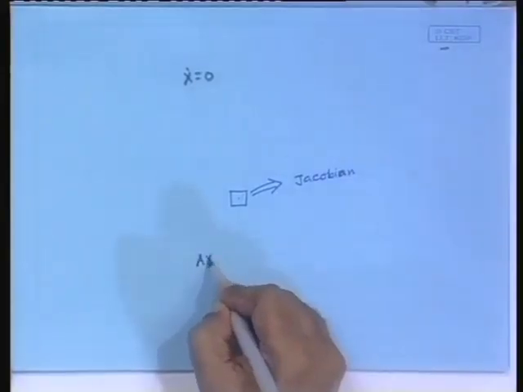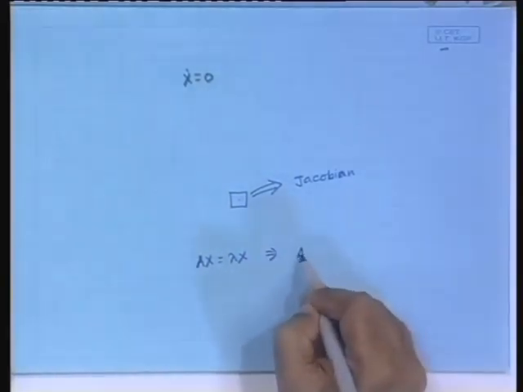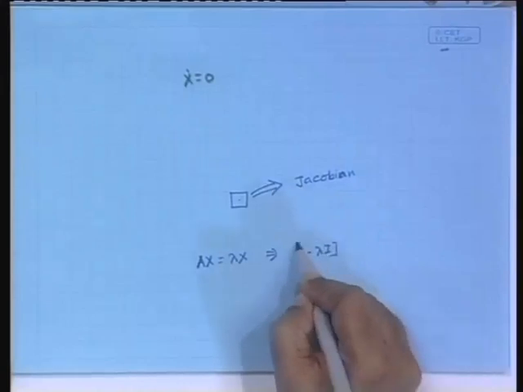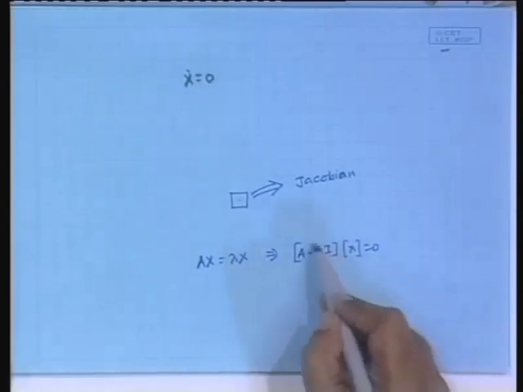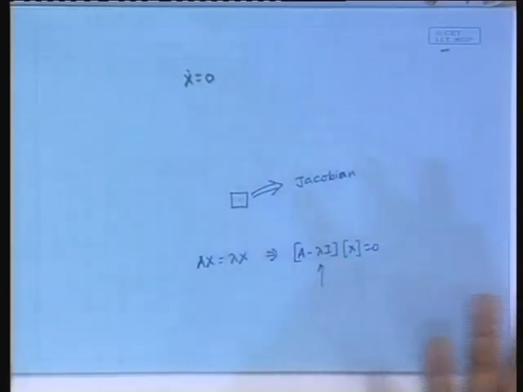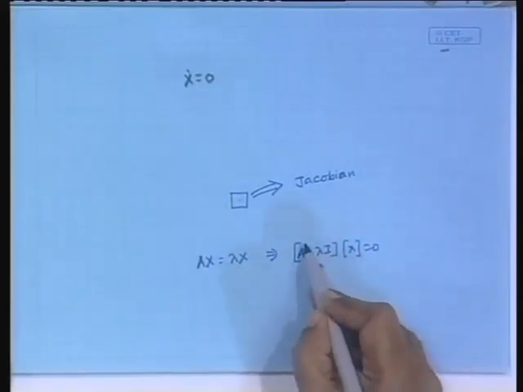A times x is lambda x, which yielded A minus lambda I times x equal to 0. So its determinant had to be 0, and that yielded the eigenvalues. Now, I said that the eigenvalues would be the result of a quadratic equation in a 2-dimensional system, a cubic equation in a 3-dimensional system, a 4th order equation in a 4-dimensional system, and so on and so forth.